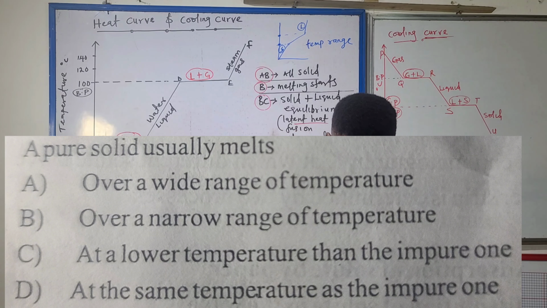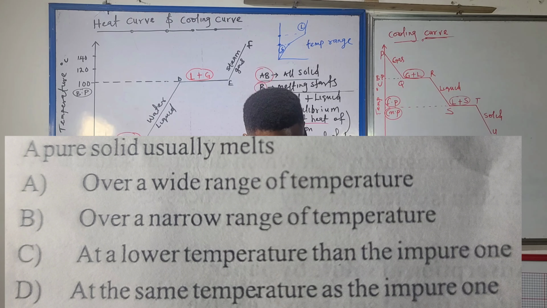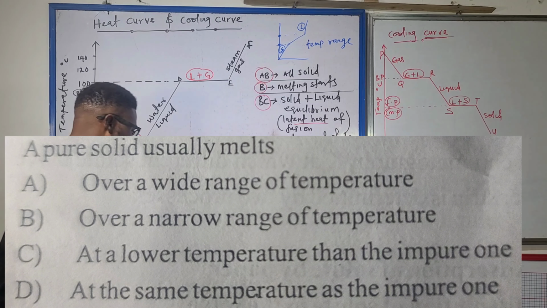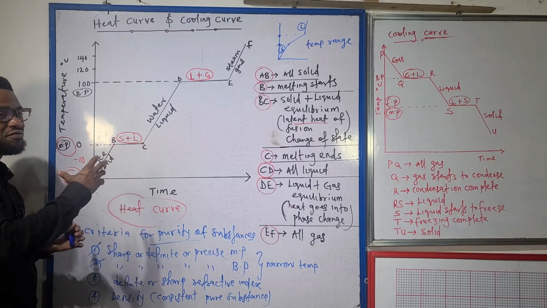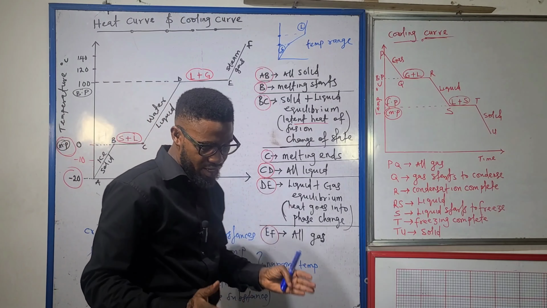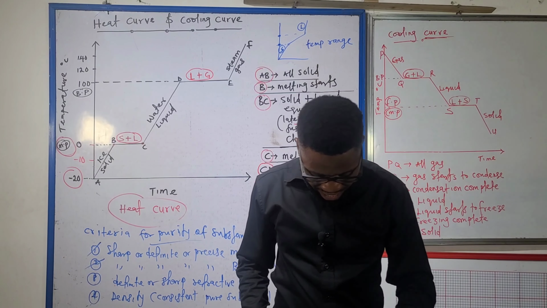B, over a narrow range of temperature. C, at a lower temperature than the impure one. D, at the same temperature as the impure one. It is over a narrow range of temperature. You can see that's what I'm saying here. The temperature must be very precise, definite, or at worst narrow. That answers that.